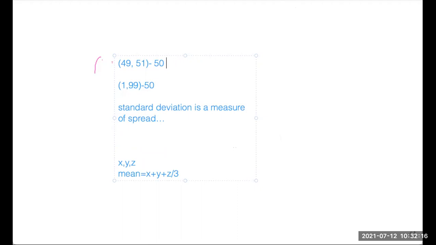Or you can say the range. Range also represents the spread. The range is how much? 51 minus 49, equal to 2 only. And here, in this case, the range is 99 minus 1, 98. Are both data the same?